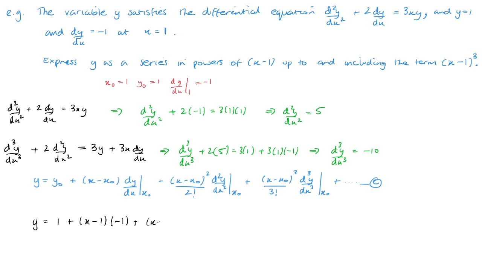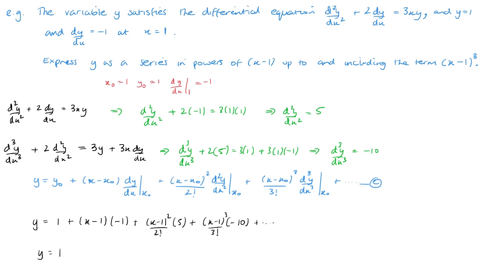Plus, now we've got x minus 1 squared over 2 factorial multiplied by 5 plus x minus 1 cubed over 3 factorial multiplied by minus 10.